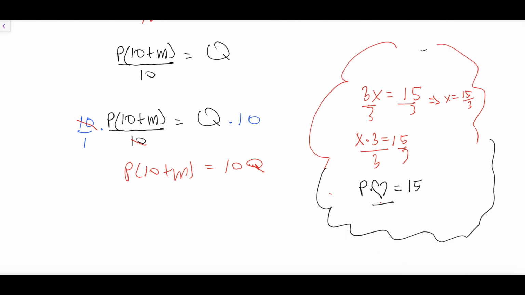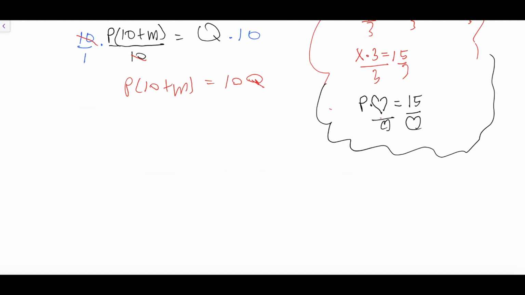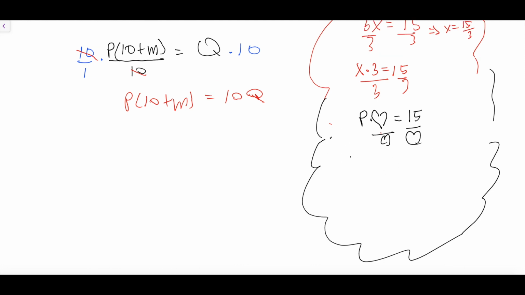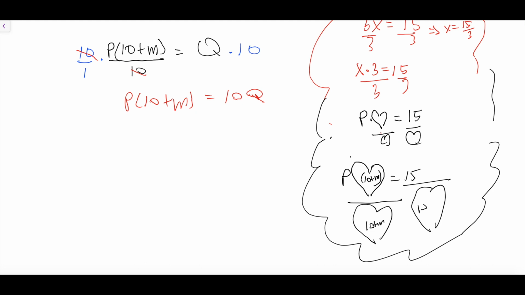And what if I said that heart was really equal to 10 plus m? I would divide by 10 plus m. You can just divide by your heart, which is really 10 plus m.